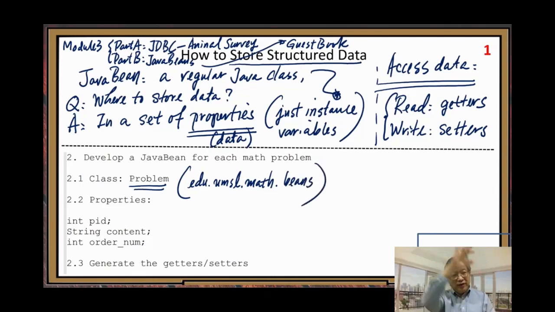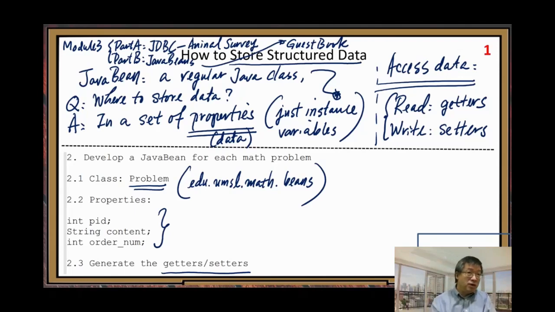After we create that package and the class, we need to copy and paste these 3 properties. After that, we generate setters and getters using some Eclipse tool or wizard, whatever you like to call it. We may not like to type these methods manually, although it's pretty simple.